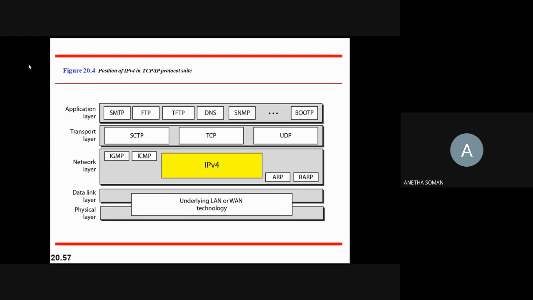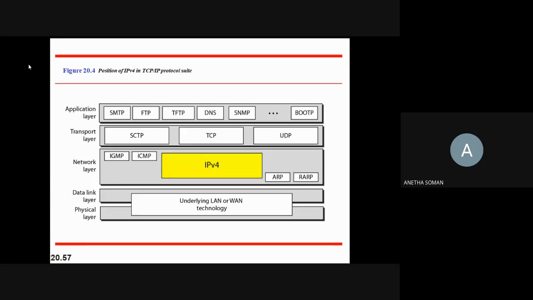The packet can take whichever path it wants and will reach the final destination. So there is no relationship between the packets. Sometimes they may travel in the same path, sometimes not.